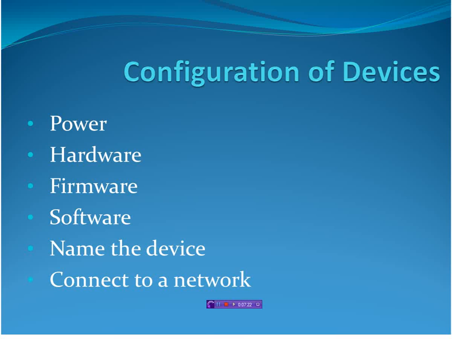Then we have firmware. And so when we talk about configuring devices, and we'll get into this with troubleshooting, firmware, for lack of a better term, to keep it simple, is the software that's specific to that device. So if you think about your computer having a motherboard and a hard drive and a network card, then you've got the software or the application software.